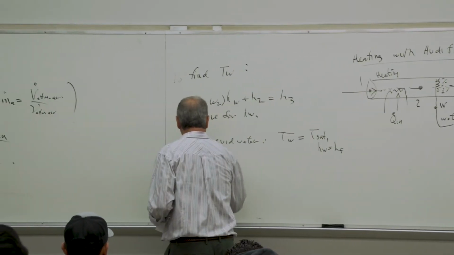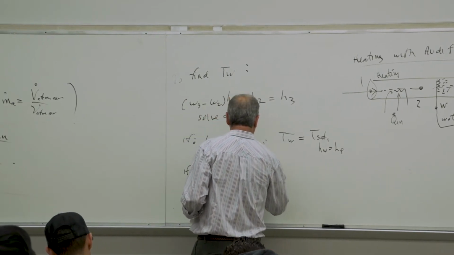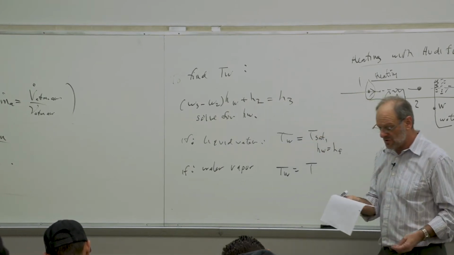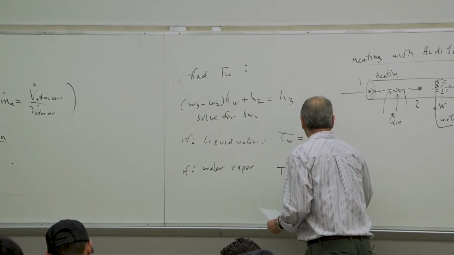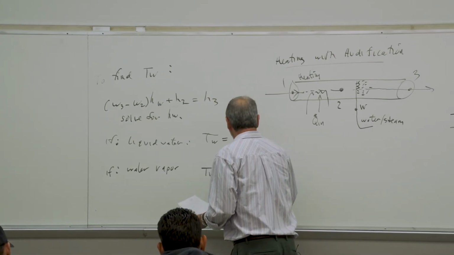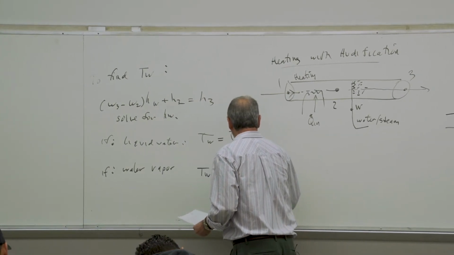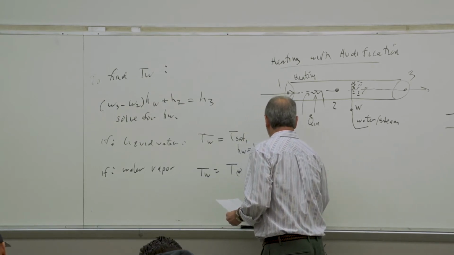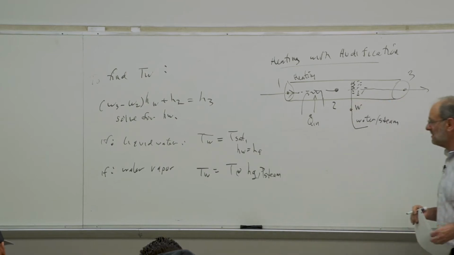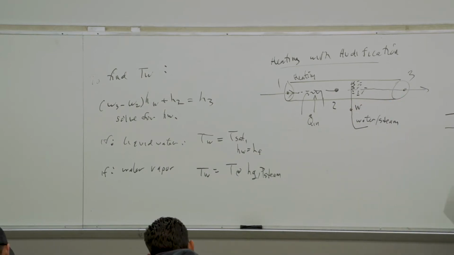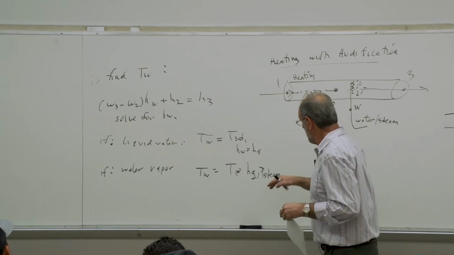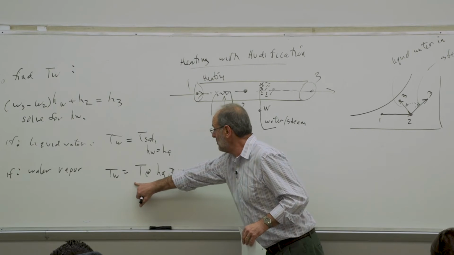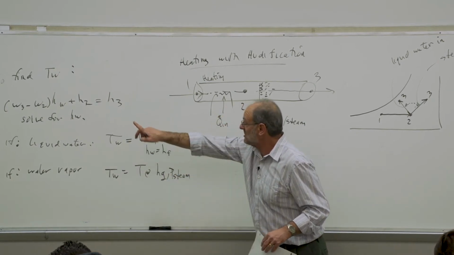On the other hand, if we had water vapor, then the temperature of the water is just going to be the temperature at Hg at whatever the pressure of the steam supply is. Okay, so if you know the enthalpy of saturated vapor at an appropriate temperature, which is typically the data you would have, well, again, you've calculated HW, right?